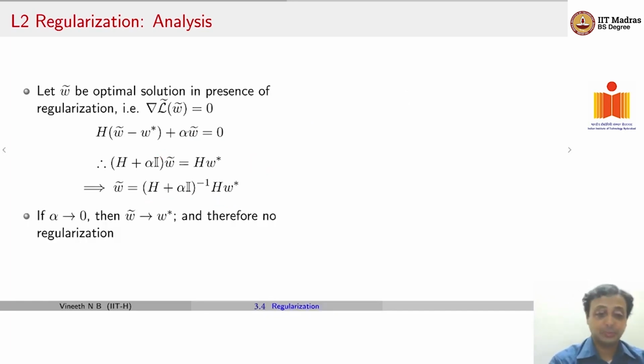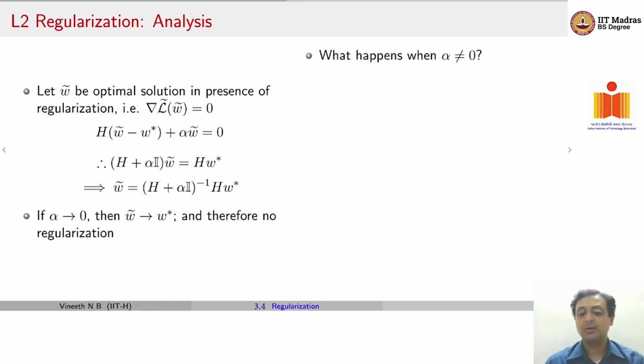Now, in this expression, if alpha goes to 0, it's very evident that you would be left with H inverse H w*, and H inverse H is identity, or rather w tilde is w* itself. That's equivalent to doing no regularization, of course, because if alpha goes to 0, the coefficient of your L2 weight decay term goes to 0 and there is no regularization. So we are only concerned about the case when alpha is not equal to 0.